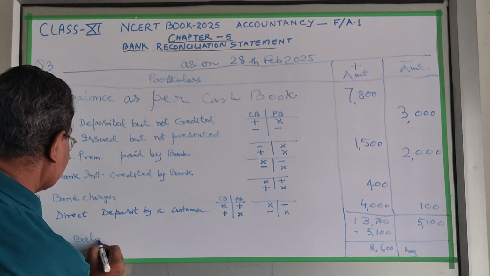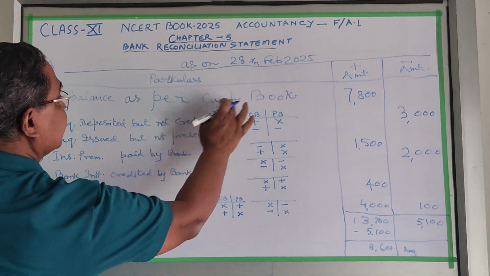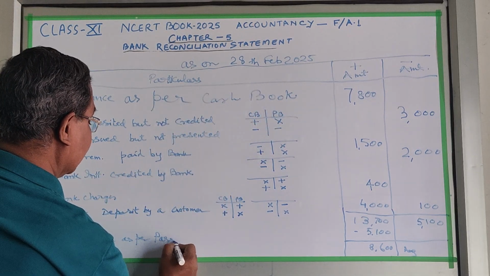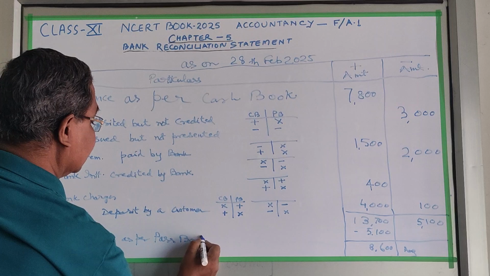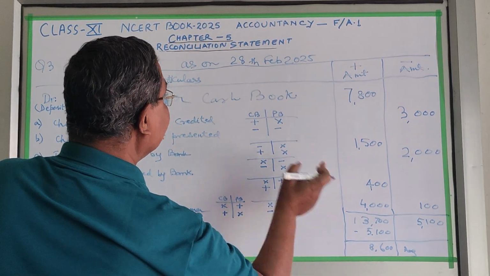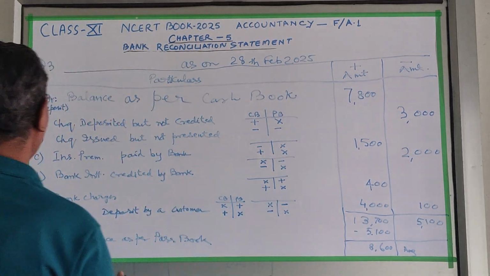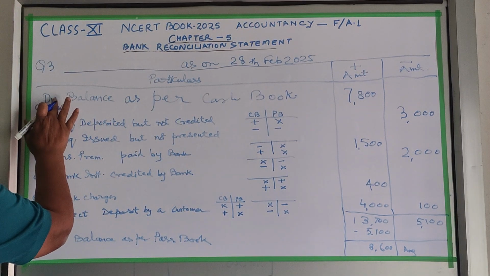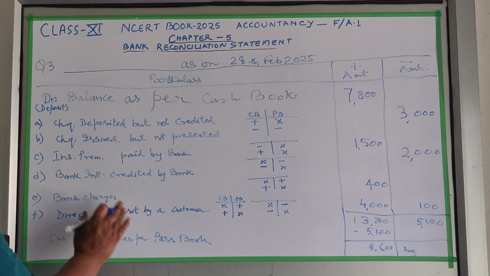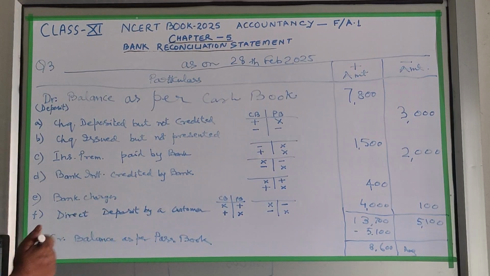Balance as per, here it is the cash book, so it will now change to the passbook, because we are doing the reconciliation for making agreement between the passbook and the cash book. So now this should be in the passbook. But in the question, if you don't write debit, it is always a balance. And if you don't write credit here, it is always a balance. Okay. So here it is a credit balance, means the balance is coming in.